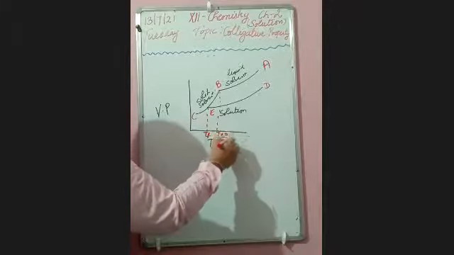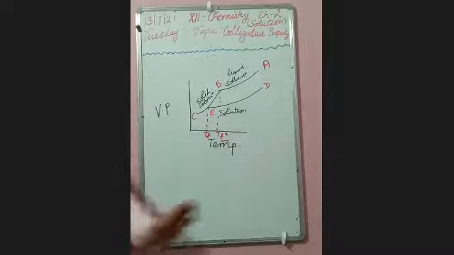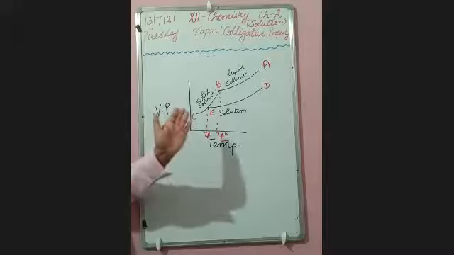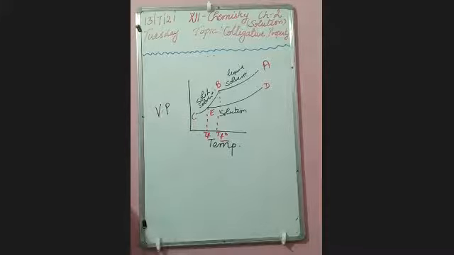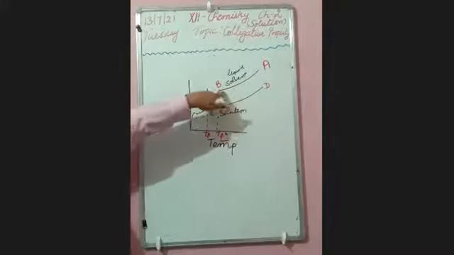Now I will explain it. Here, this graph is for pure solvent and for solution. My dear, on cooling, when we decrease the temperature, the vapor pressure of the solvent decreases along the curve AB.